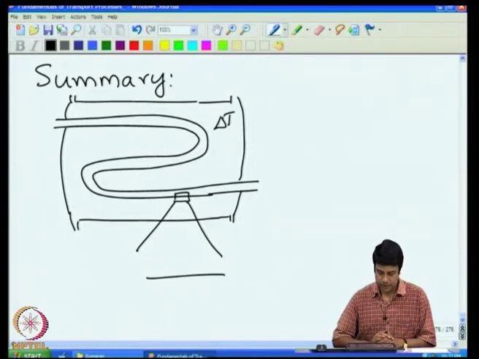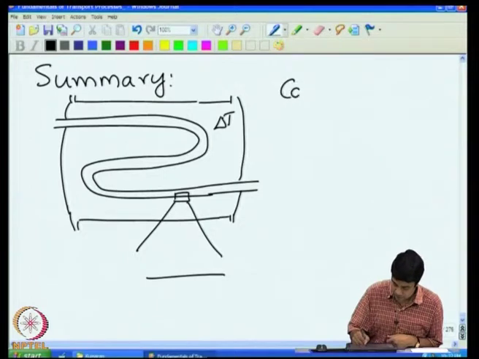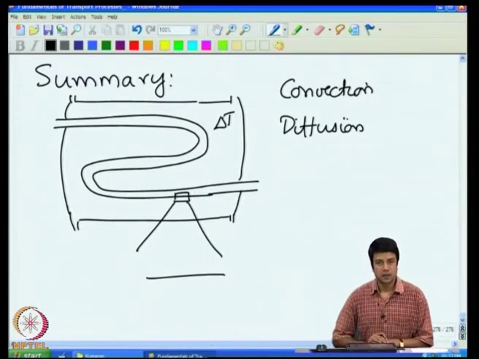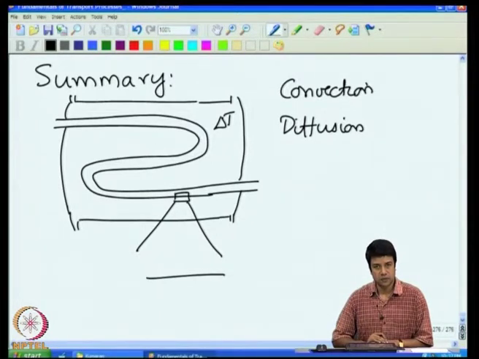And in this process, there are two main mechanisms involved. One is what is called convection and the other is diffusion. Convection is transport of heat, mass, momentum due to the flow of the fluid itself.